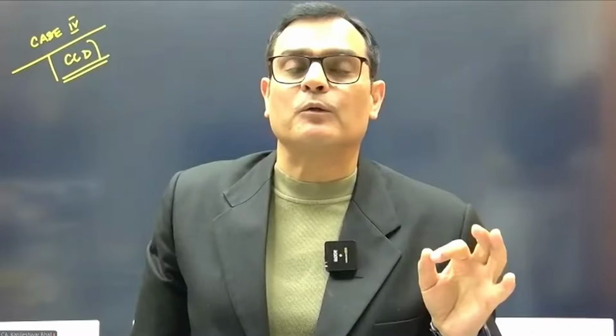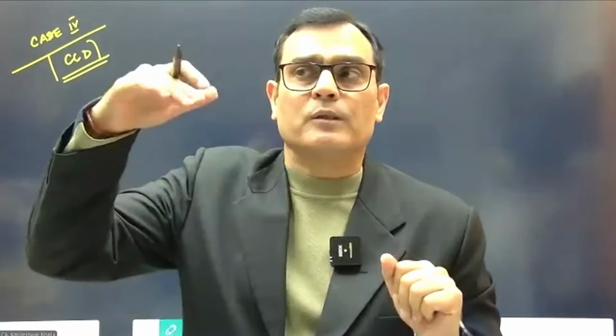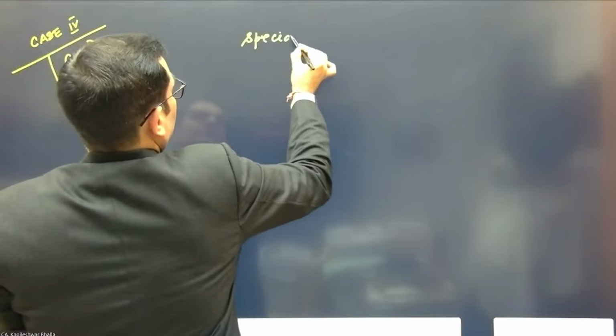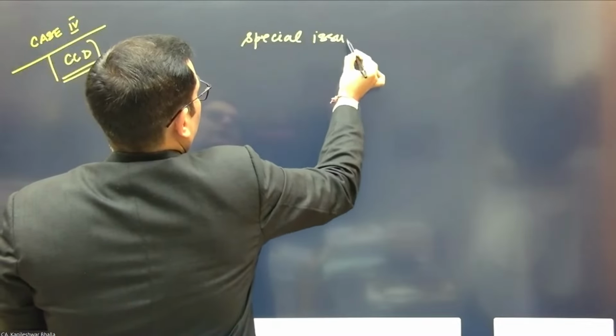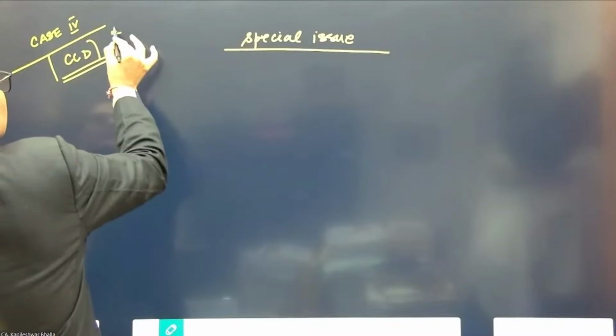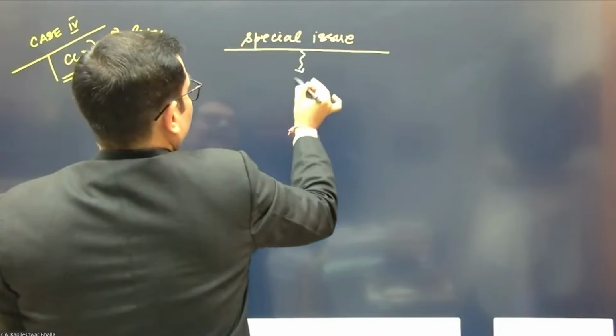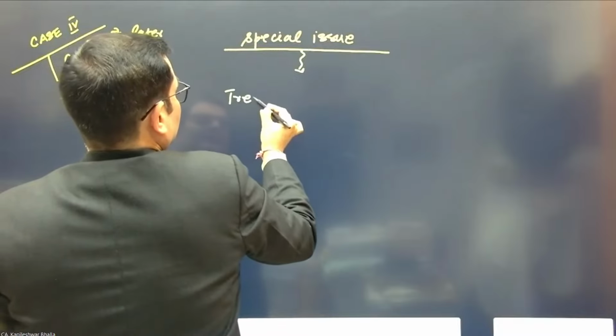Next time when I make a mind map, I'm going to create a mind map on a very simple level, telling you what the FL elements are under each one of these combinations. And we are not dealing with this case right now. I am dealing with a little special issue right now. So keeping this aside for this week, this is covered later. I'm just discussing a special issue, and that is the treatment of TC.